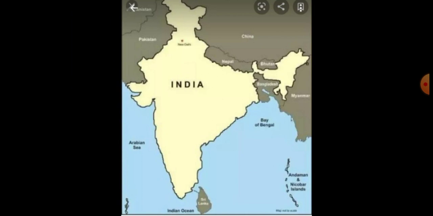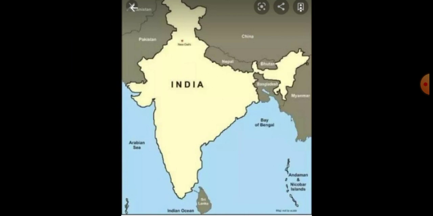Then in the east, the Bay of Bengal is there. In the west, the Arabian Sea is there. Did you see the map, students? Here they mention the boundaries of India. That means the three water bodies of India: Indian Ocean in the south, Arabian Sea in the west, and Bay of Bengal in the east.